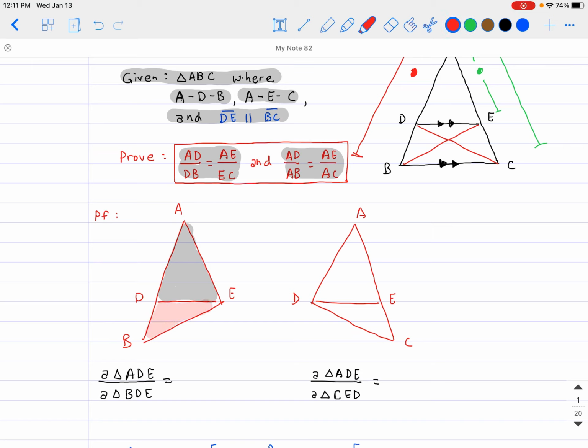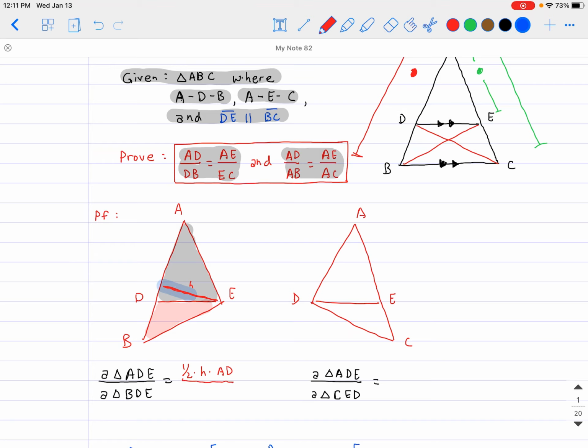Okay. Now, since these two triangles are connected to each other by DE, if I look at their altitude, they have the same altitude. Let me go ahead and draw that in over here. So that h right there is going to be their altitude. The area of the top triangle is going to be 1/2 multiplied by the height multiplied by AD.